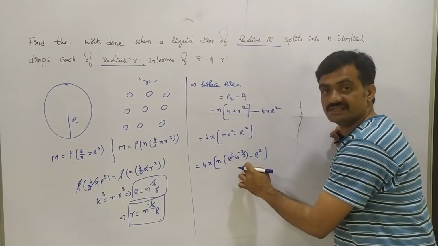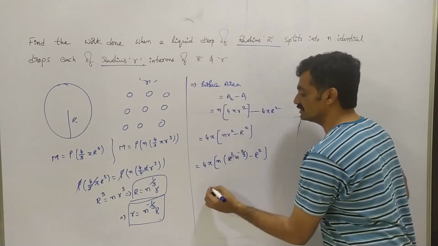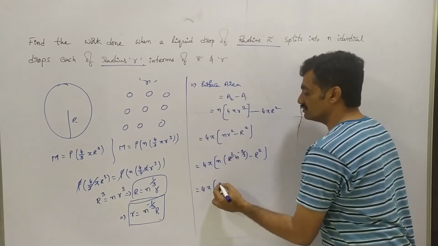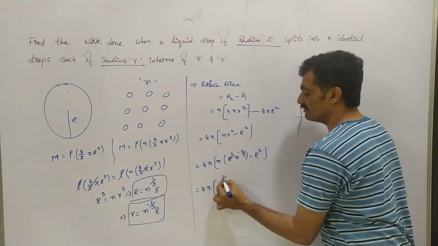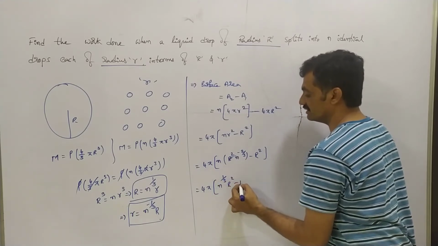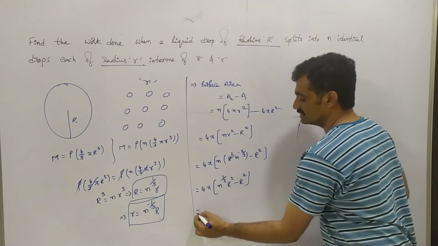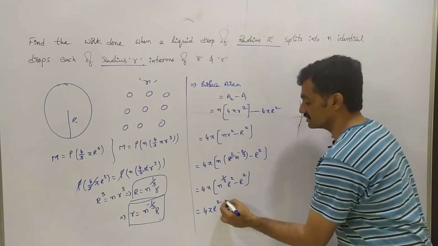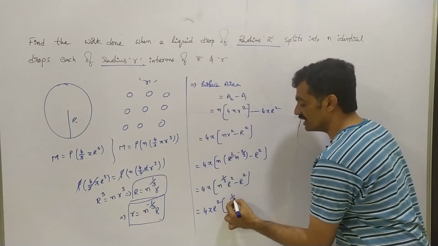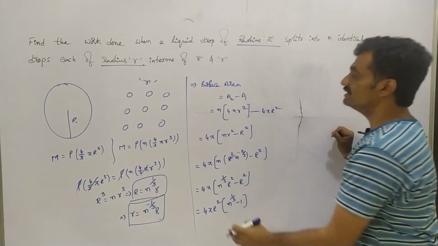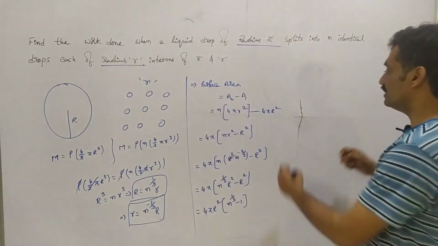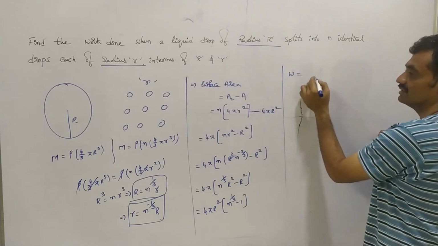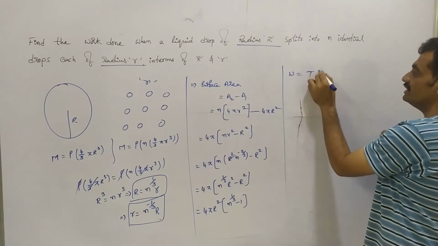Since bases are the same, powers can be added: 1 minus 2 by 3, nothing but n to the power of 1 by 3, into R square minus R square. So it can be given as 4 pi R square, because R square can be taken as common, into n to the power of 1 by 3 minus 1. This represents the change in surface area.